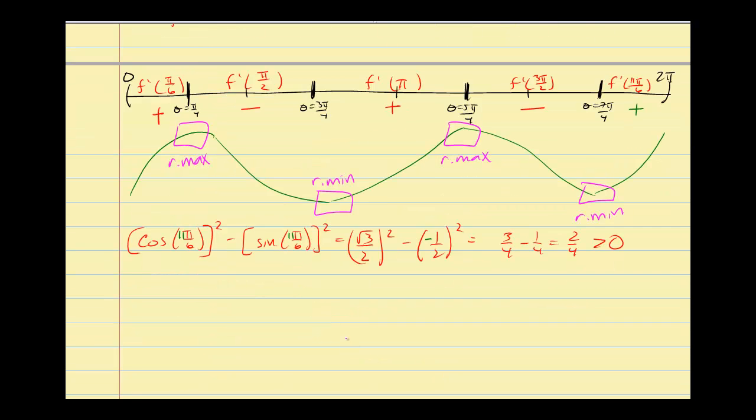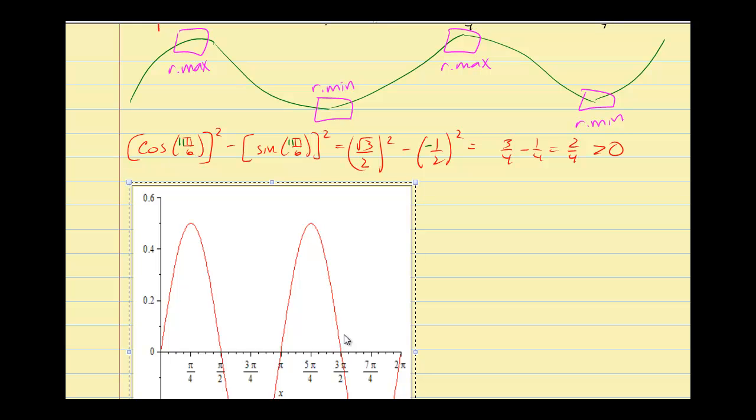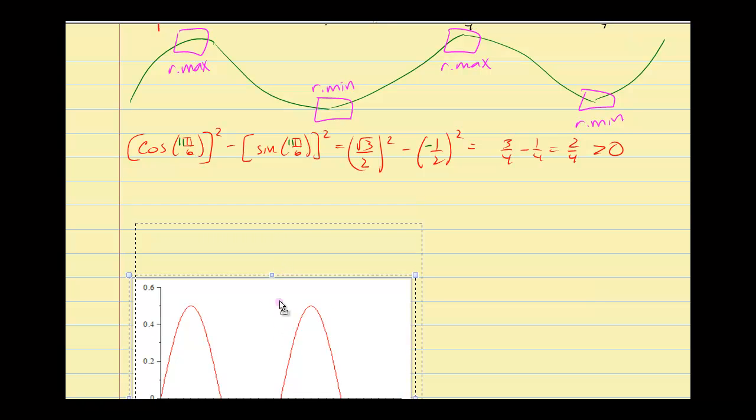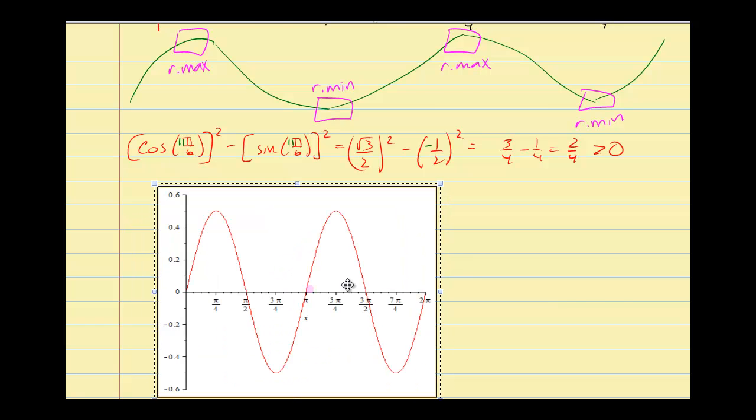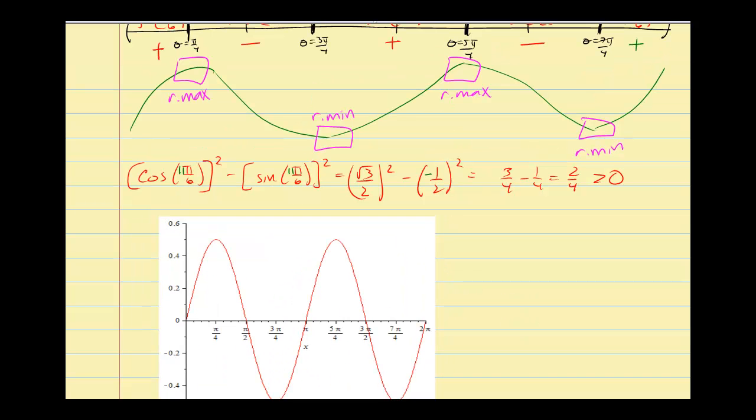So let's go ahead and grab these points and see if they match up with what we did in Journal. What the work that we did in Journal said is we have a relative max at pi over 4. Well, here's pi over 4, there's my relative max. So this is the point, pi over 4, and it looks like 1/2. And I could have figured this out by plugging pi over 4 into my original function.